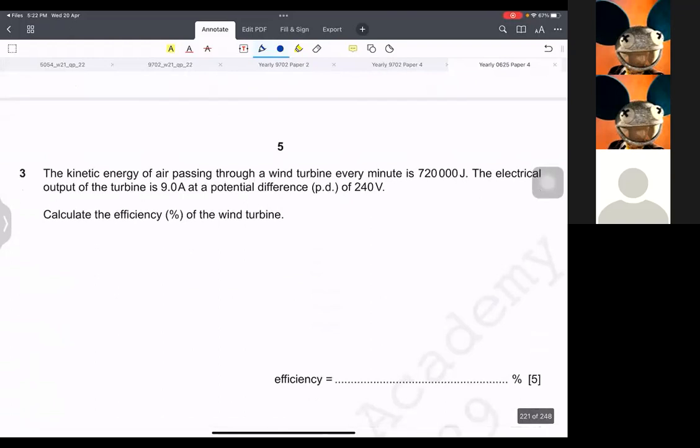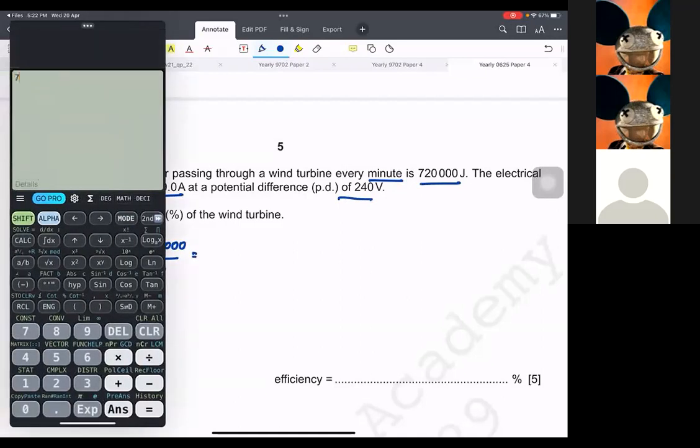All right, now going to the next one. The kinetic energy of air passing a wind turbine every minute is this. The electrical output is this. Calculate the efficiency. So first we will talk about the input. Input is the power, the energy of the wind divided by the time. So I'm going to check how much input there is. 720,000 divided by 60.